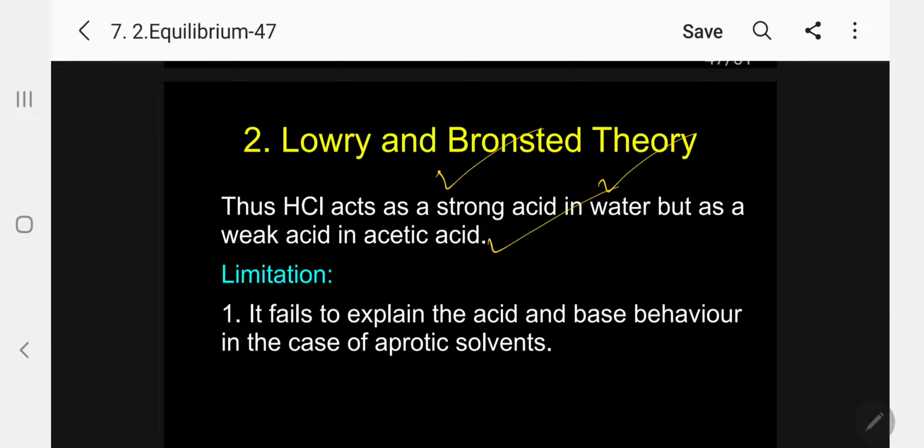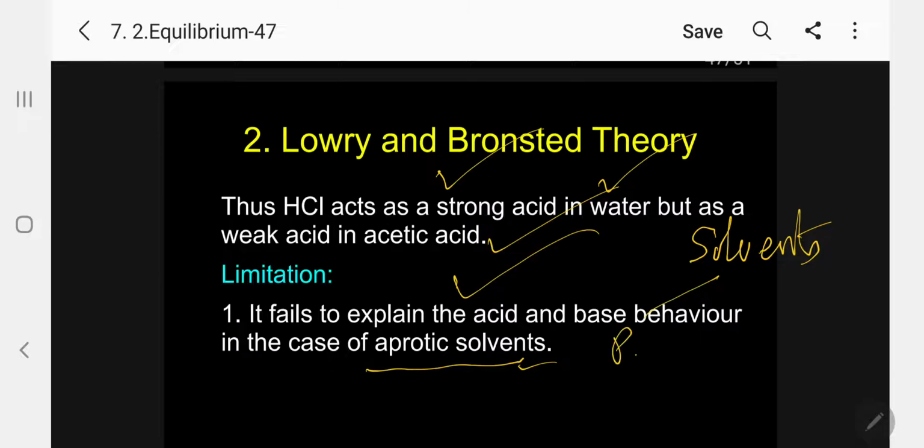Now the limitations. It fails to explain acid and base behavior in the case of aprotic solvents. What is aprotic? Solvents we can classify in a number of ways. One is polar solvent, another is non-polar solvent. One is protic solvent, another is aprotic solvent.